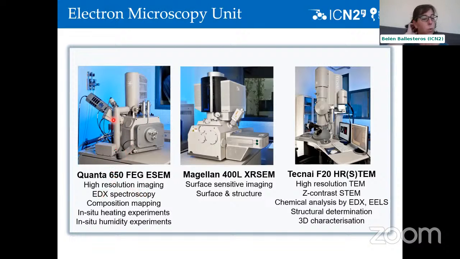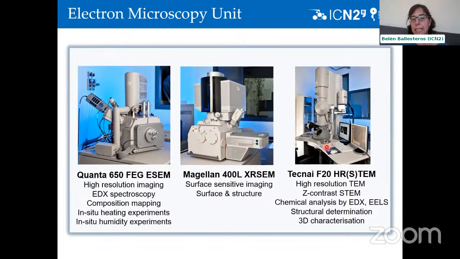But also we can do in situ heating and in situ humidity experiments. We have another SEM which is even higher resolution, and this one allows us to work down to 100 volts. And normally we work at 1 kilovolt, and we get very nice surface information of our samples.